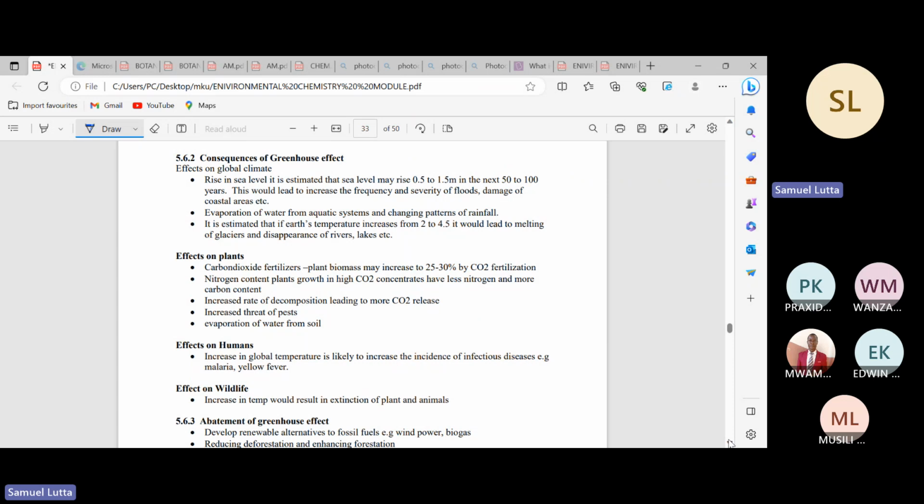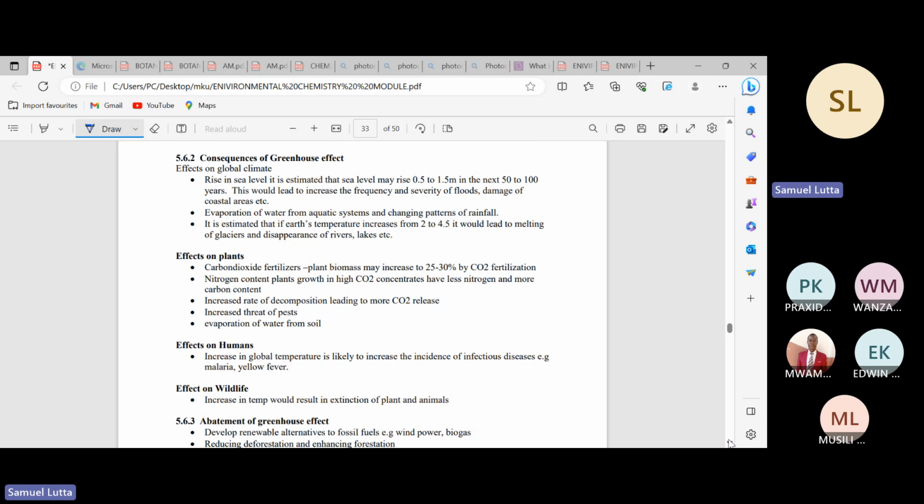And then we also have evaporation of water from aquatic systems when the temperature is high, and when this happens, the ecosystem in seas can also be affected. The other problem of global warming is a change in weather patterns, and this can lead to food insecurity because farmers will not know when to plant.